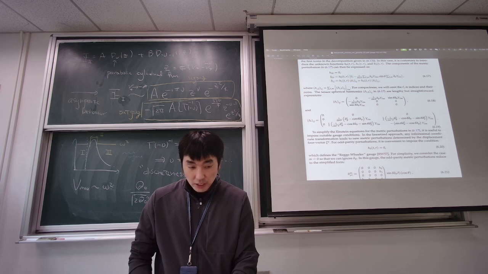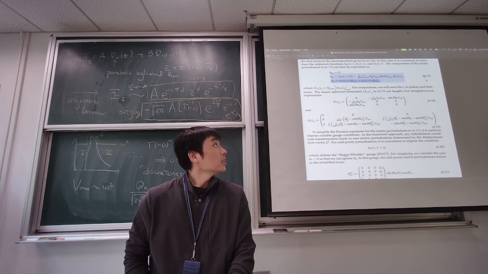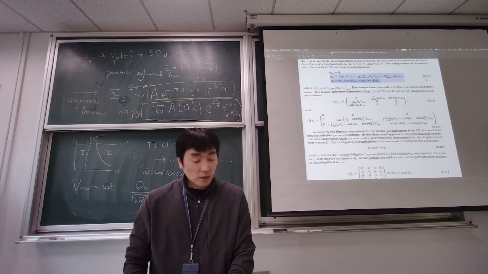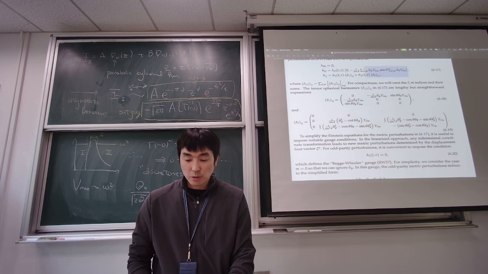So for the axial case, these are the decompositions. This is the time-space part, the second line is the time-space part, and the third line is the space part. These are the tensor spherical harmonics that I will briefly recap later.